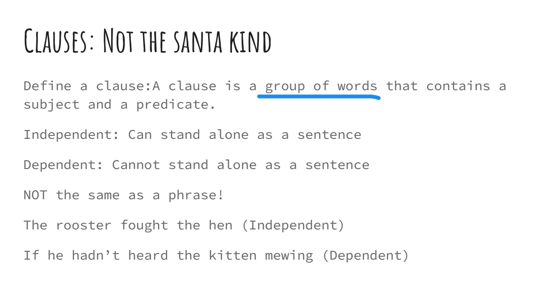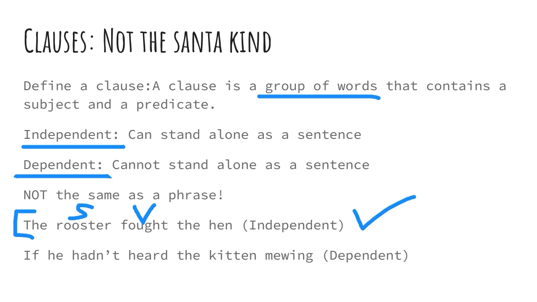If you have a group of words containing a subject and a predicate, it could be an independent or a dependent clause. So let's look at a couple of examples. This example right here, the rooster fought the hen. Rooster is the subject, fought is the verb. So we can check that box, subject and predicate, check.